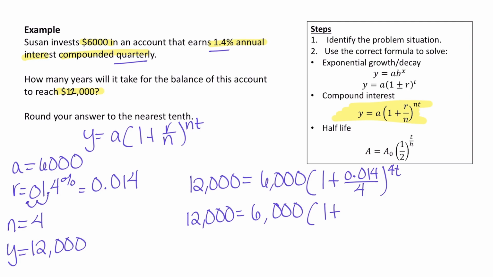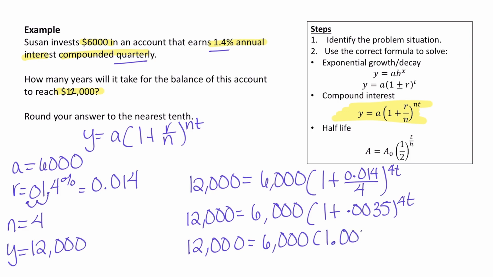You can just do that on your calculator. That's 0.0035. And that is to the 4 times T. So we have 12,000 equals 6,000 times 1.0035 to the 4t. So I need to get that term with a variable by itself, so I'm going to divide both sides by 6,000.